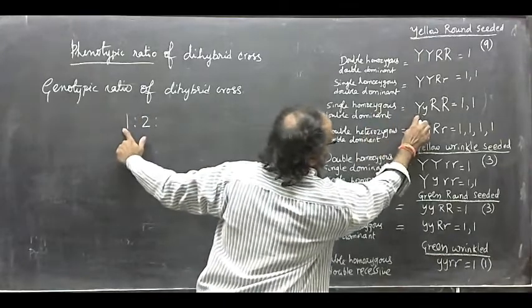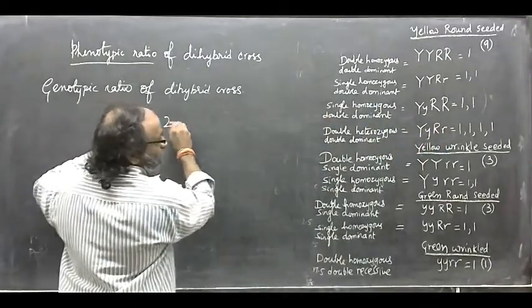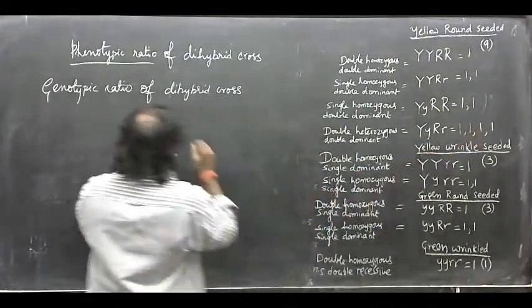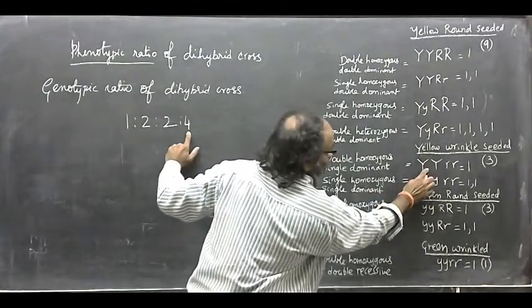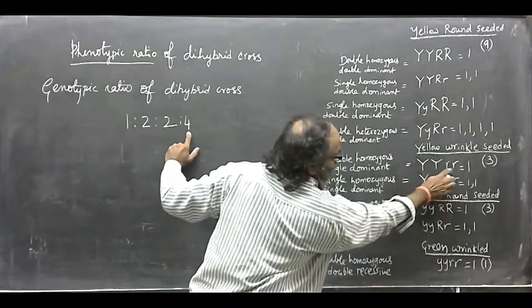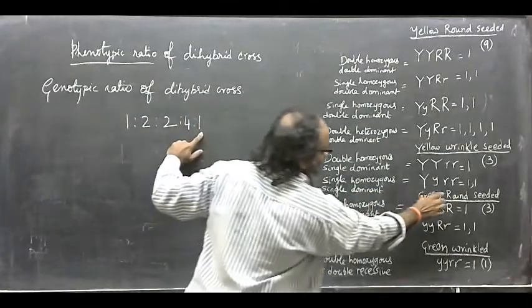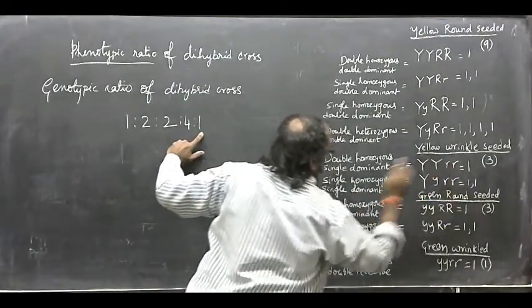The third genotypic condition is also seen in two plants, and the fourth genotypic condition is seen in four plants, and the fifth genotypic condition, you observe this genotypic condition, it is seen in one plant, and the sixth genotypic condition is seen in two plants.